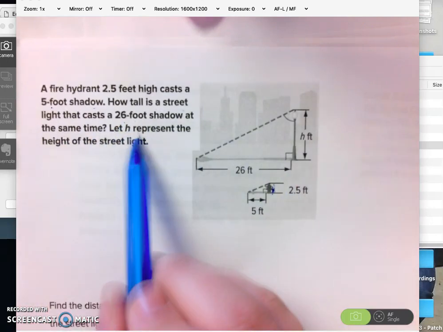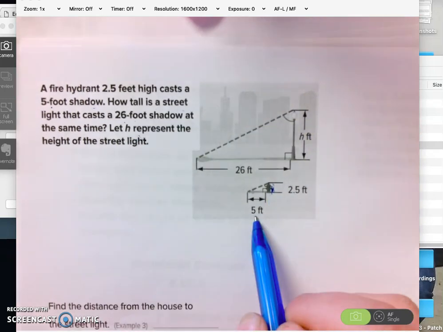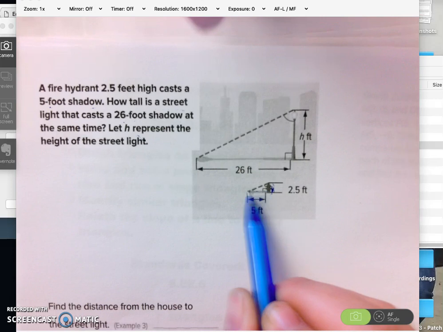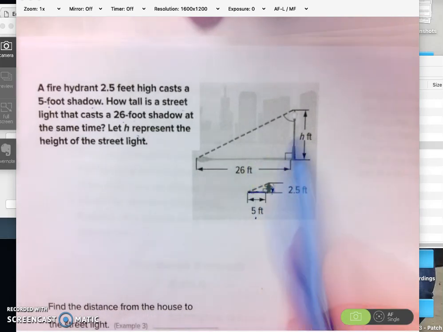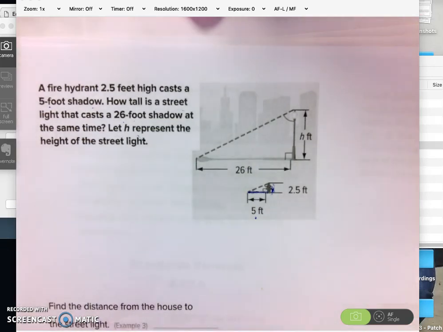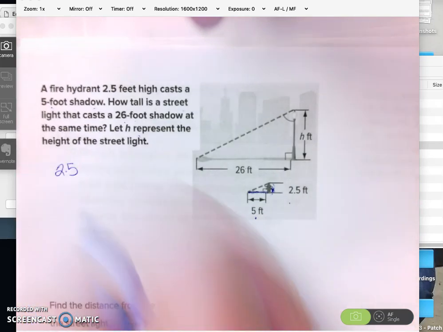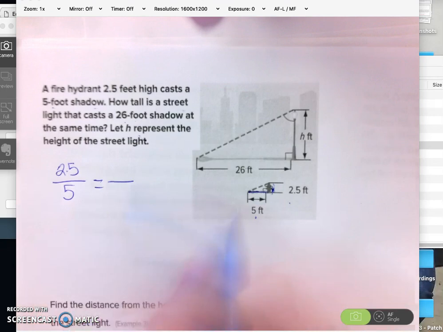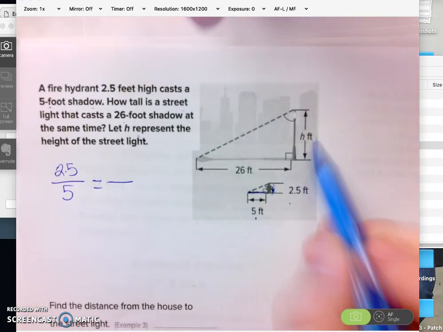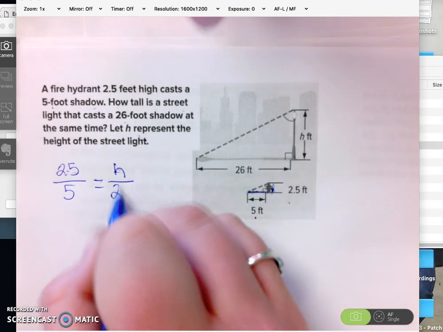So let H represent the height of the street light. So right here we have 2.5 feet, and this shadow right here is 5 feet. So we're going to use these two because they're similar. We can set up a proportion. So I'm going to take 2.5 over 5, and set it equal to, the 2.5 is the height, so the height is going to go on top, remember, we want to have something in common here, and then H over 26.